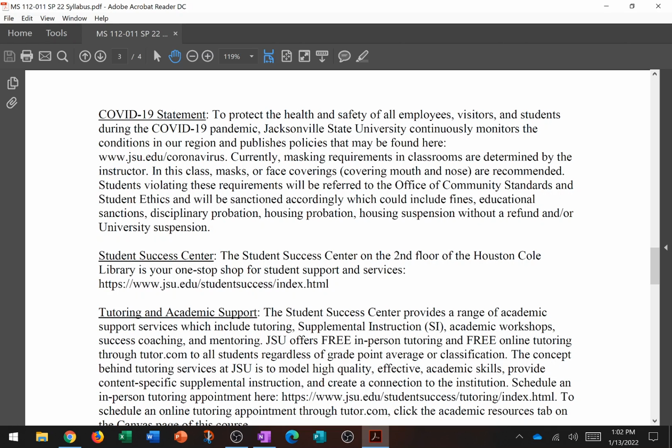So in that case, strongly recommended. That will be our issue. But right now, we're required. That's it. Questions or concerns?